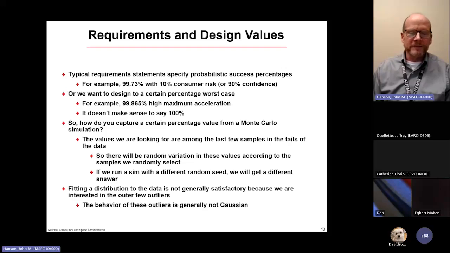Whoever asked that one, feel free to speak up. My question was more, when you're analyzing your results from the Monte Carlos, how do you determine if this is good data? I'm not really super familiar with it. Excuse my ignorance, but what makes this actually what we're aiming for, and it's good data and it makes sense?